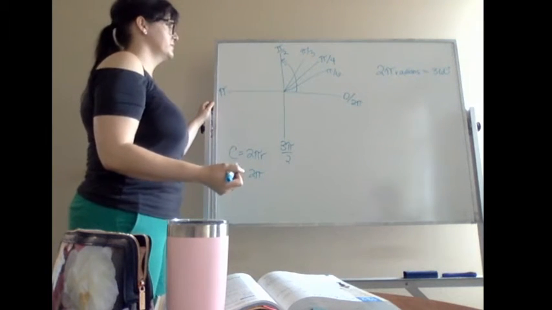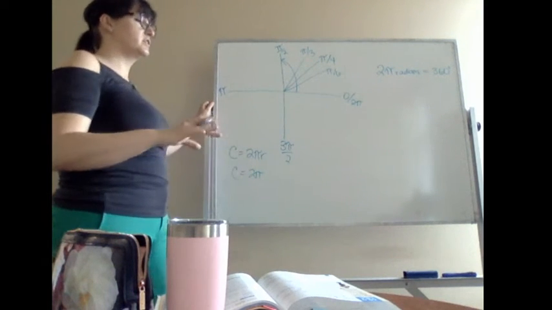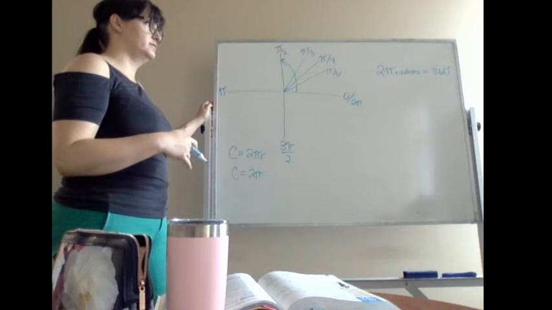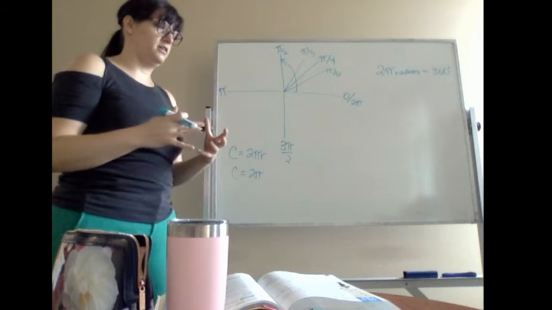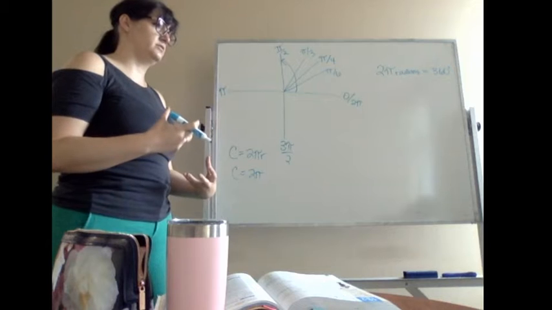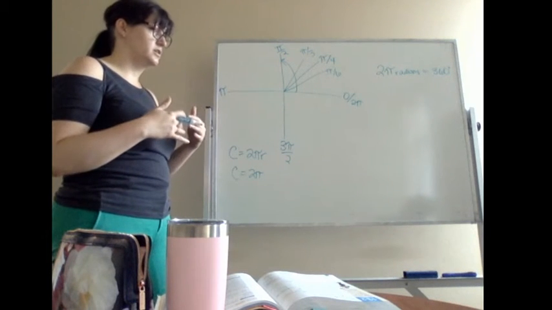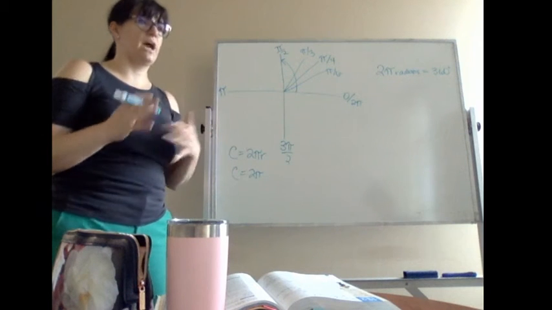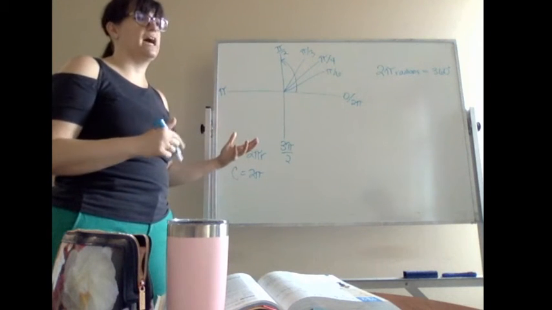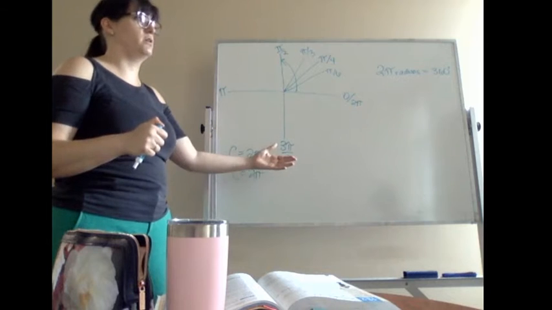Now, all of these have degree equivalents, but to get you familiar with radians, it's kind of like when you learn a new language. You learn it by translating it first. You learn rojo means red. You don't just look at the color red and start identifying it as rojo.